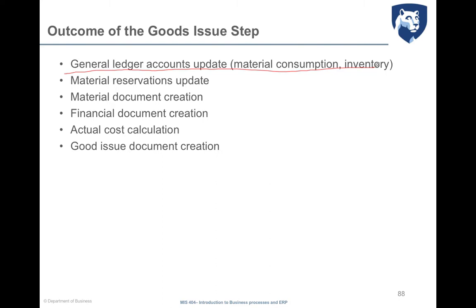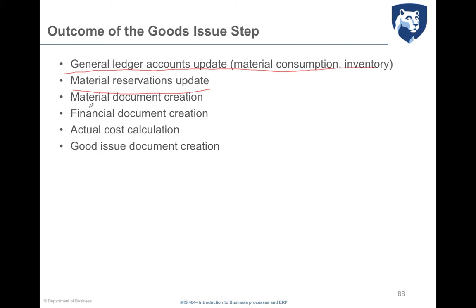In particular, the relevant material consumption accounts and the inventory accounts will be updated to reflect an increase in consumption and the reduction in inventory. Then material reservations are updated. In particular, the reservation quantity is reduced by the quantity of the material issued, because first they were reserved, now they have been issued, so we can free some of the reservation amount.